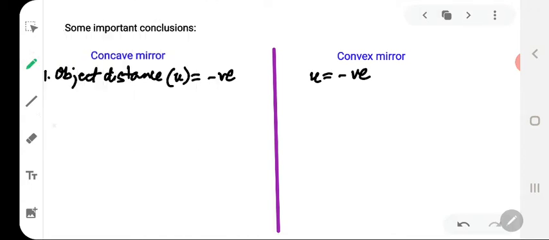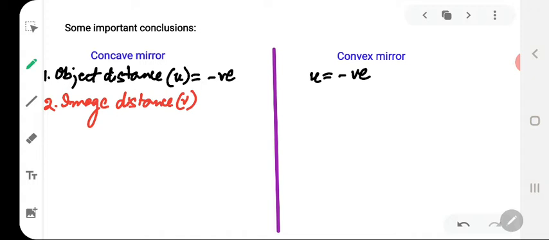Coming to the second one. The images formed by a concave mirror can be either behind the mirror, that is it could be a virtual image, or in front of the mirror, that is it could be a real image. So the image distance, which is represented by v, for a concave mirror can be either positive or negative depending on the position of the image.